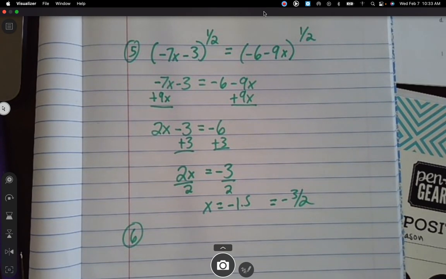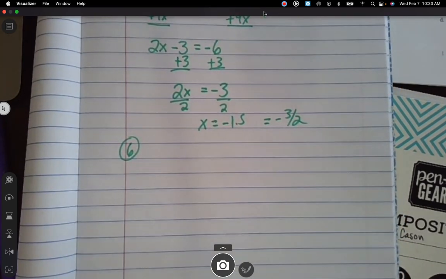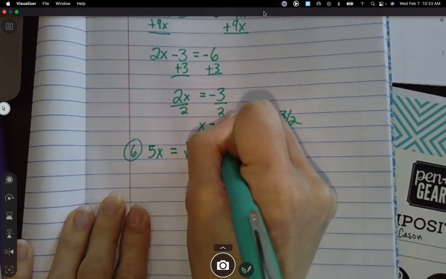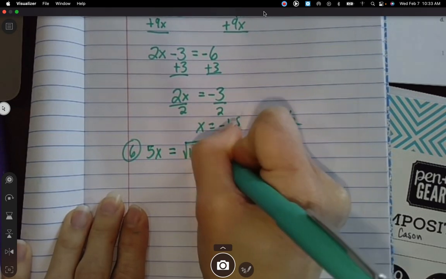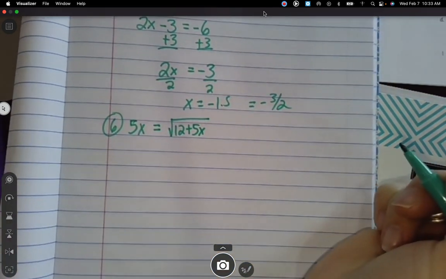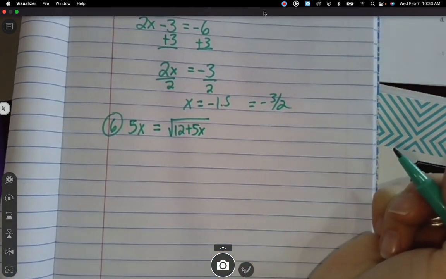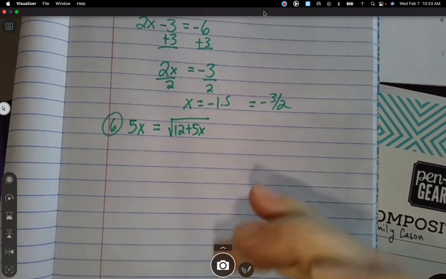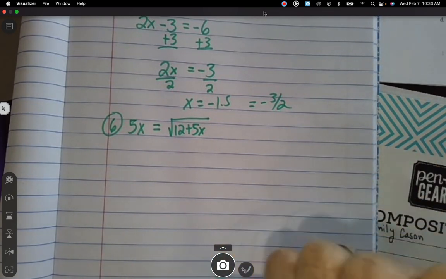Y'all, I'm going to show y'all 2 different ways to do 6 and 7 so that you can pick, okay? So number 6, I've got 5x equals the square root of 12 plus 5x. Now, this is where it tells you to check for extra answers. There may be too many answers that we get.